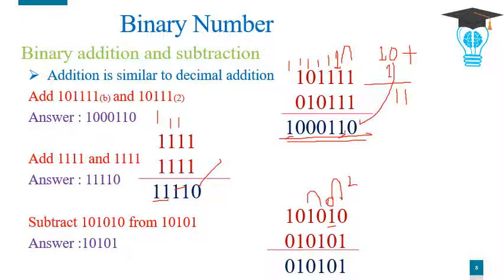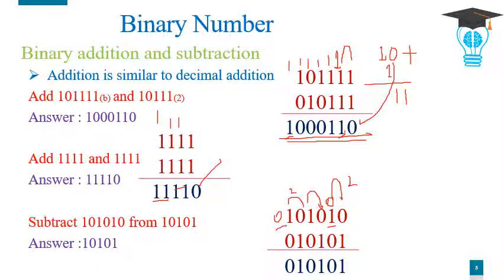I am borrowing 2 from here. 2 minus 1 is 1. Again, there is nothing left here. 0 minus 0 is 0. Again, it cannot be subtracted. Again, I am borrowing 2 from here. 2 minus 1 is 1. Here, 1 I have borrowed to the previous level. So nothing is left here. So it is 0. 0 minus 0 is 0.